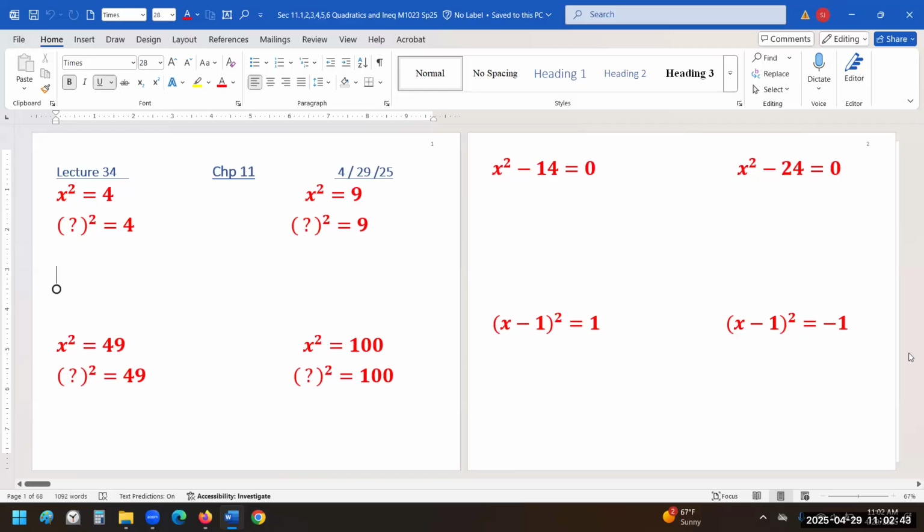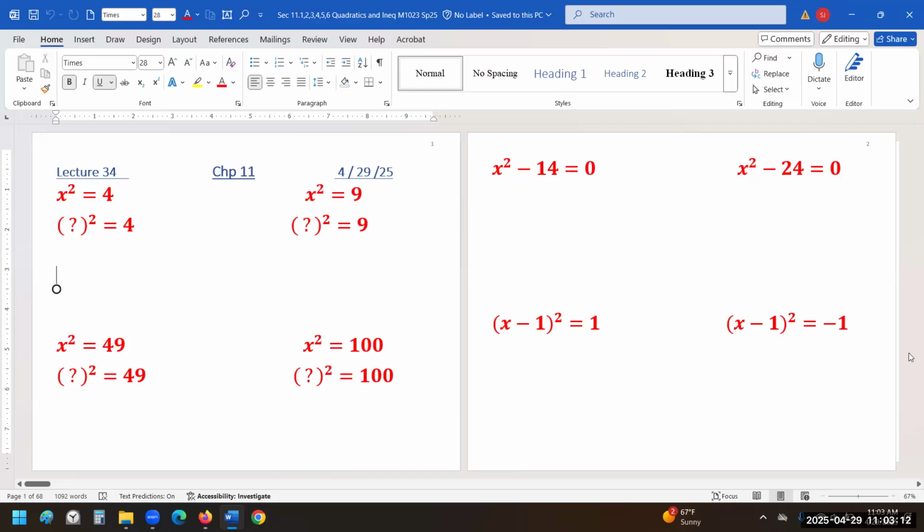Okay, chapter 11, we are talking about quadratic. Now, before we go to quadratic, let's start with something we already know. So quadratic means the highest degree of the polynomial is 2. Okay. Now, if someone asks you x squared equals 4, tell them what is x. So if x squared is 4, what is x? 2. We all know it's 2, right? Yes.